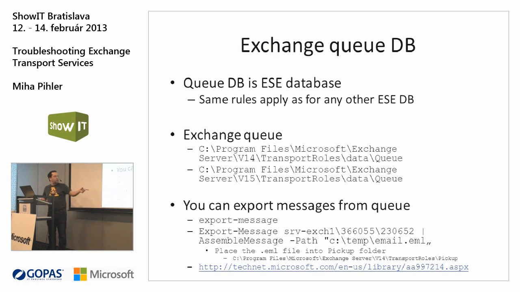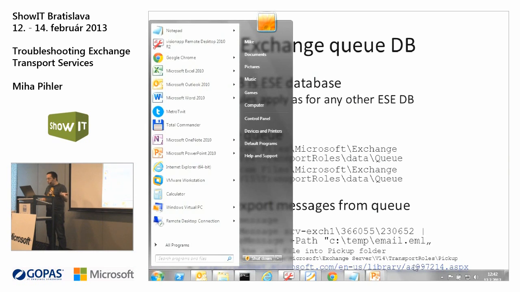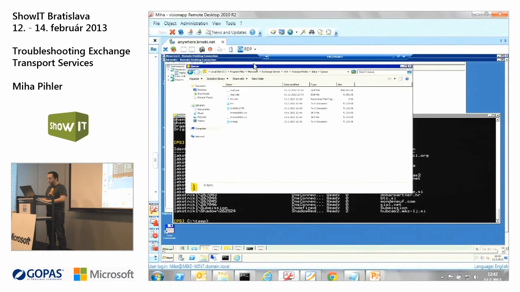Actually, there is a pretty good article here that shows all these steps and actually gives you some more automation because it loops through all the queues and exports all the files and places them into a folder that you provide. What I need to show you is pickup and pickup folder. It's in transport roles. It's actually here.